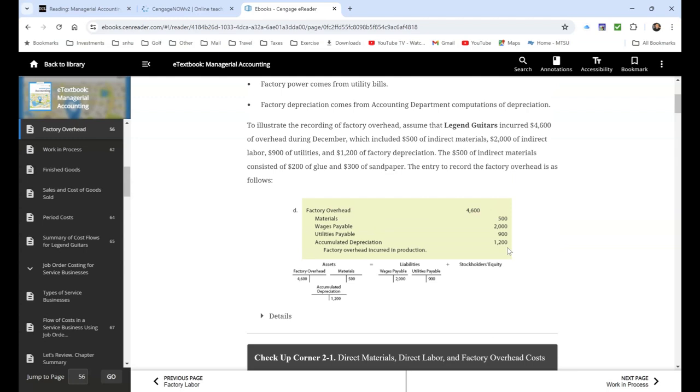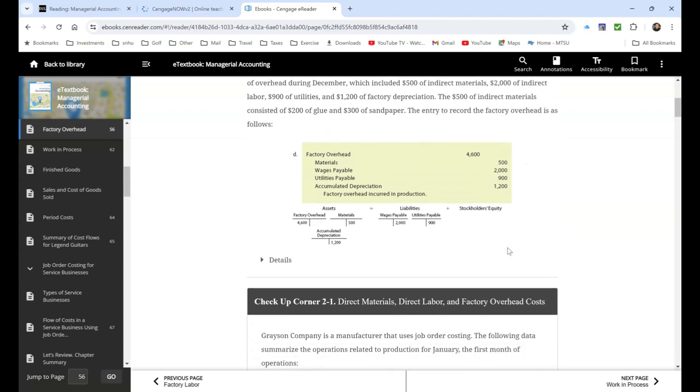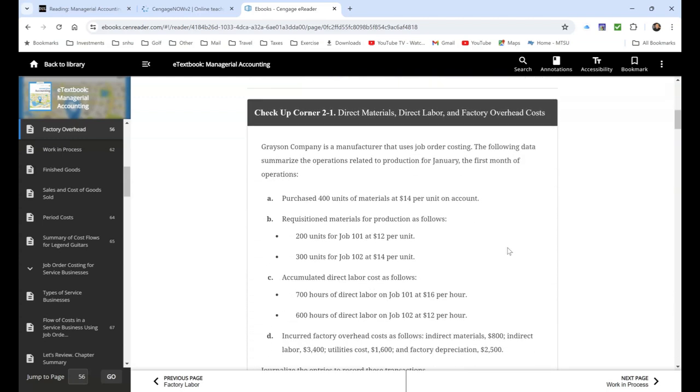And the example I showed you in the last video was that we're going to do it based on labor hours. So, for instance, if we have $500,000 in estimated factory overhead, and we have 50,000 hours that we estimate we're going to use this year, then you're going to allocate $10 of overhead for every dollar of direct labor.